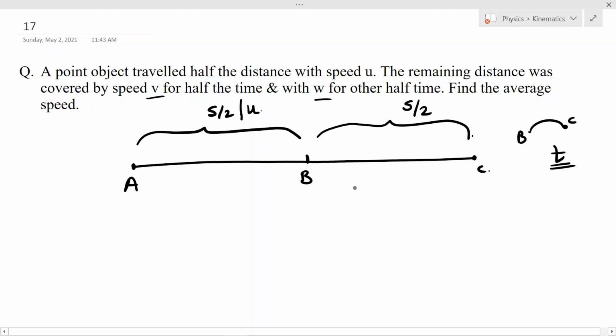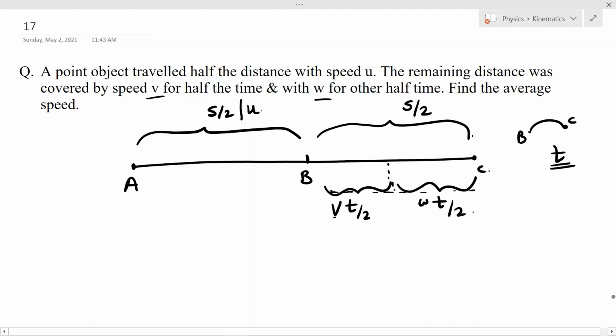I don't know what the division is, but this is for t by 2 time, and this is for another t by 2 time. Now speed is v for half the time. So if I multiply it by v, then it will be the distance, v into t by 2. And if I multiply this time with w, then it will be the distance, this one.